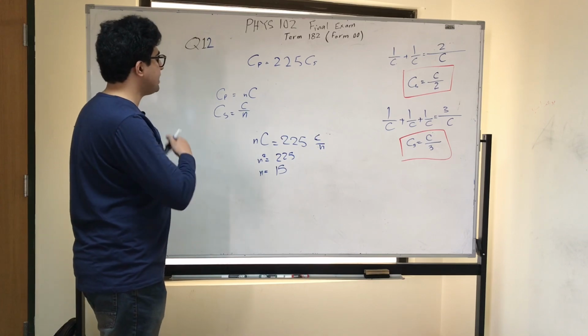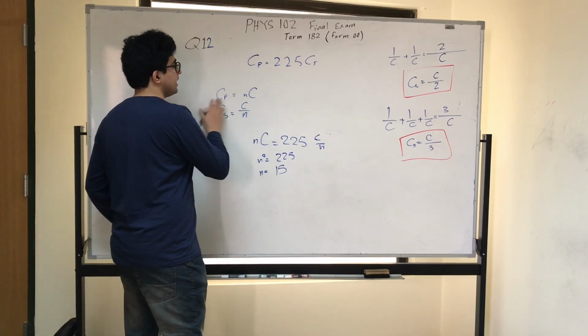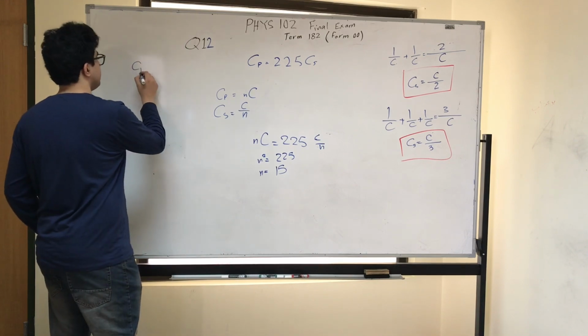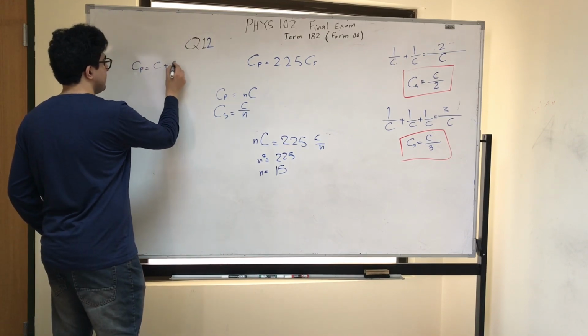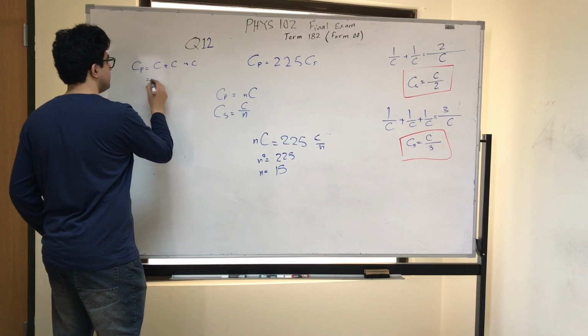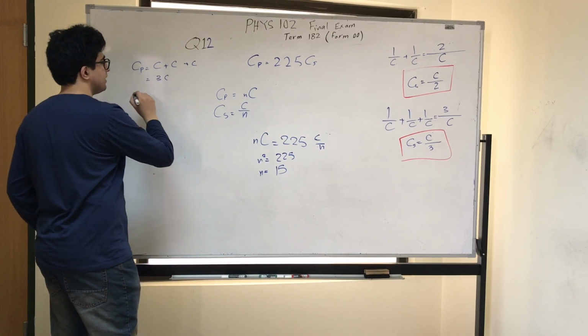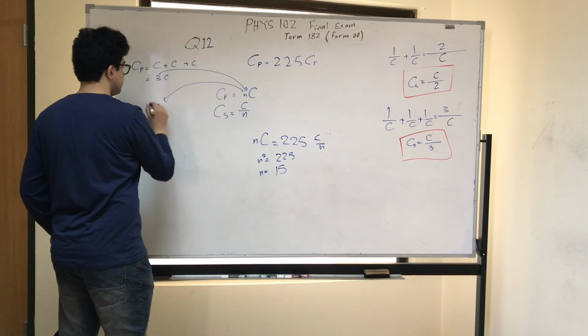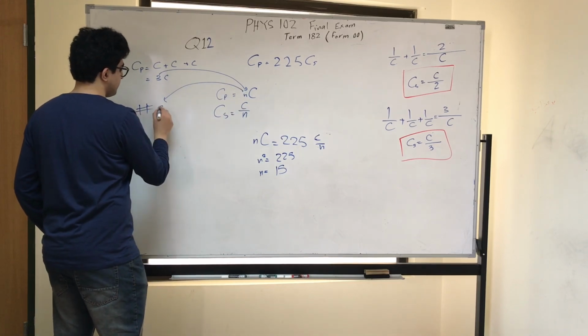And we know that because these capacitors are identical, when you add identical capacitors in parallel, you just add them like this, and the result is going to be NC, where N is the number of capacitors.